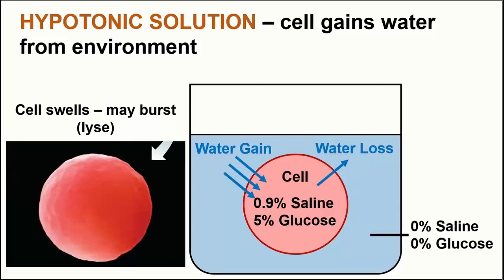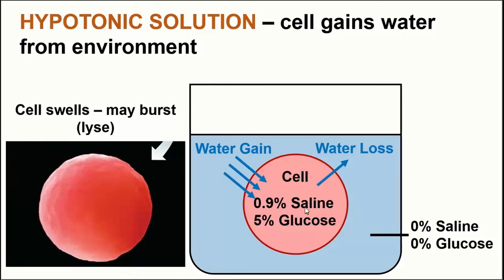Now, on the other hand, we have the hypotonic solution. So be careful to not confuse these hypertonic and hypotonic, because they both sound very similar. They're both spelled fairly similarly, but they have the complete opposite effect on the cell. Now, in hypotonic solutions, there are fewer solutes outside of the cell than there are inside of the cell.